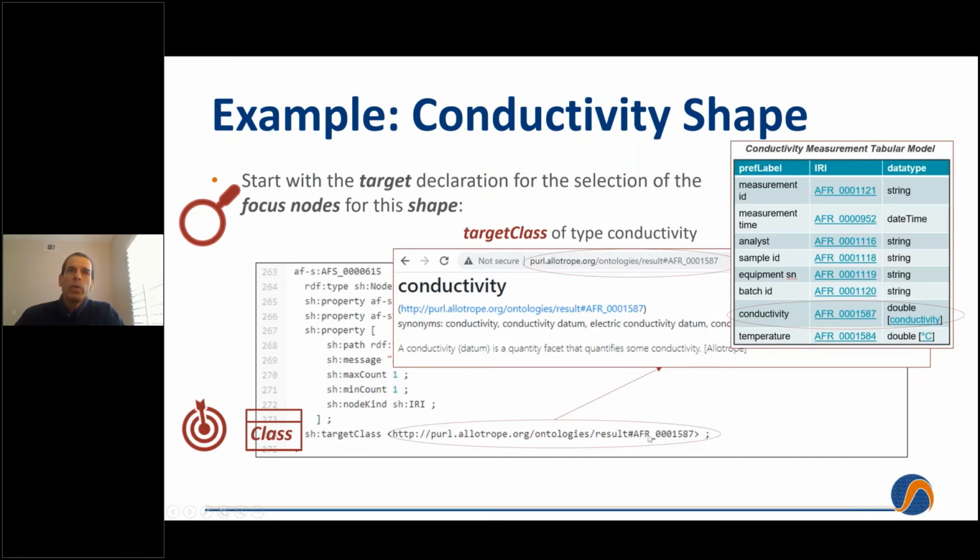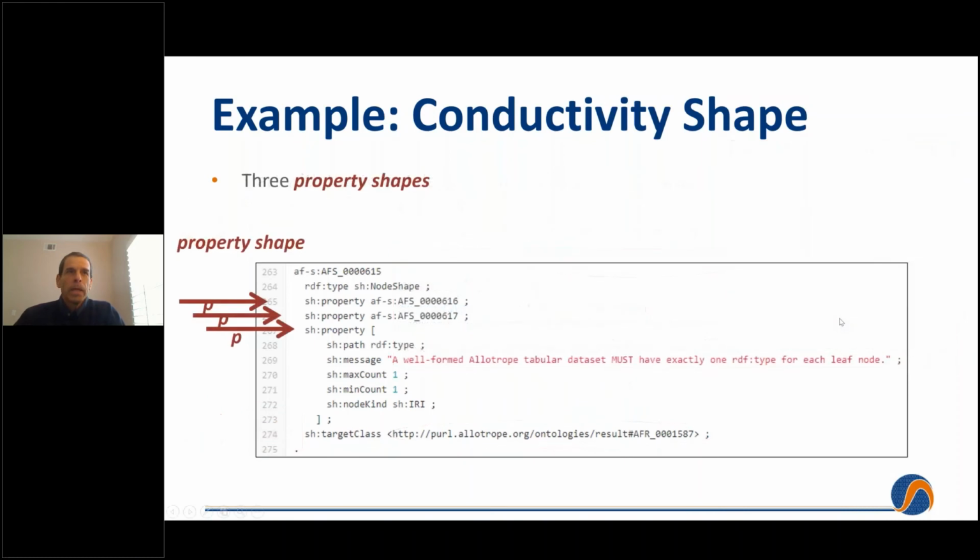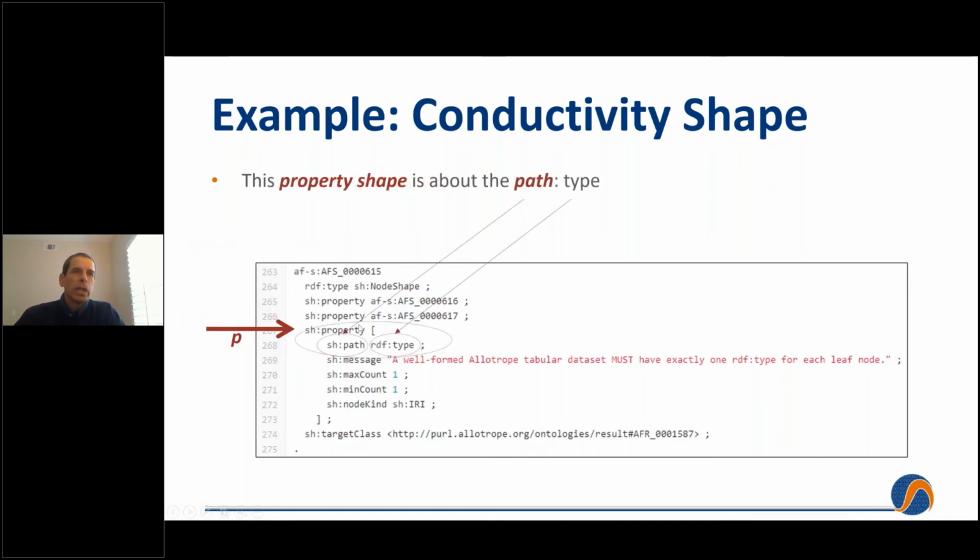Very simple. We look on our PURL server and we see that AFR 1587 is conductivity. So the target class for this shape is type conductivity, which translates to a line item within our conductivity tabular model. This node shape includes three property shapes: one embedded, and two linked property shapes external to this node shape. Let's focus on the embedded one.